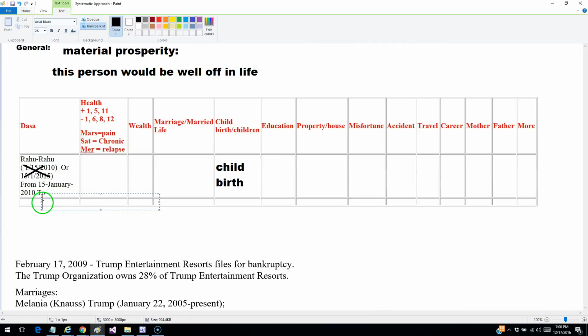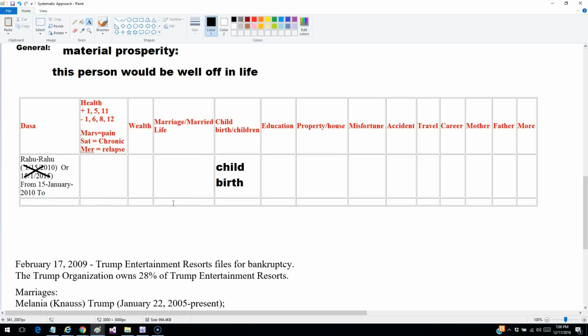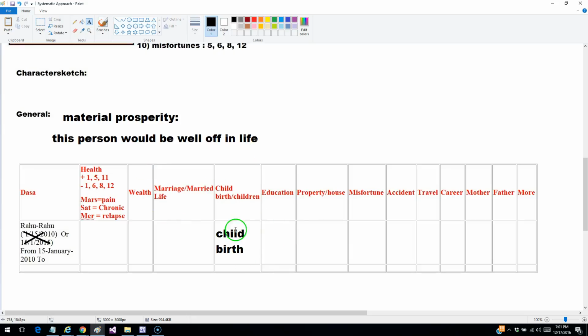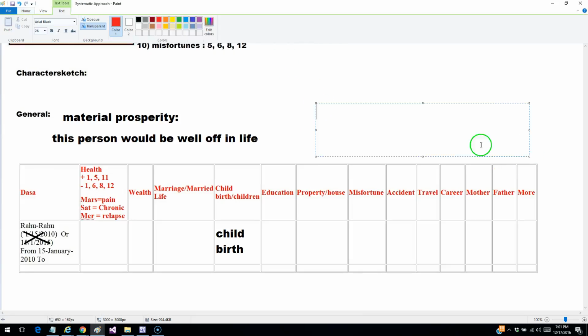So in your worksheet, you can see if that particular period actually matches with whatever your analysis was, and you can make a note whether that came out correct or incorrect according to your analysis. Why I'm saying all this is because timing of events is still the toughest part in Krishnamurti Paddhati.